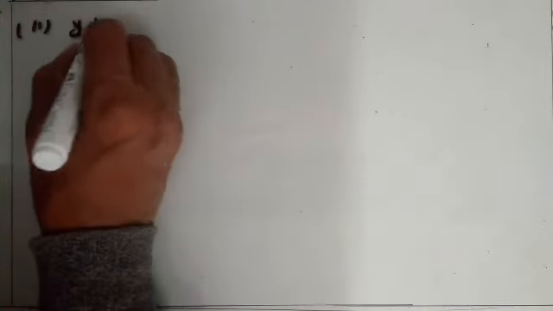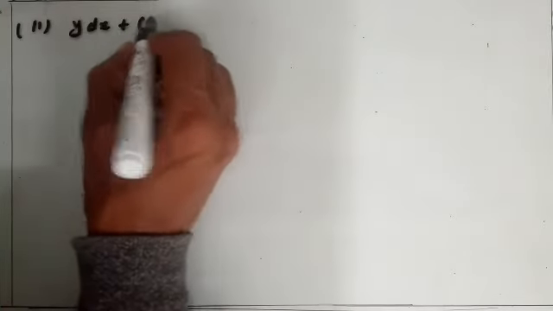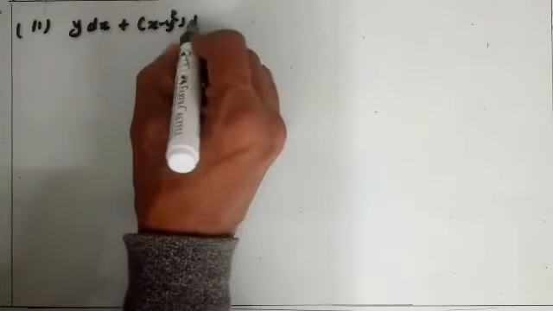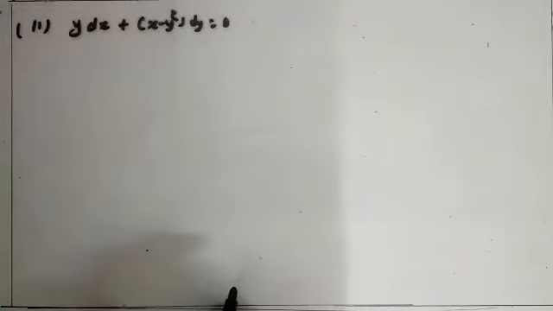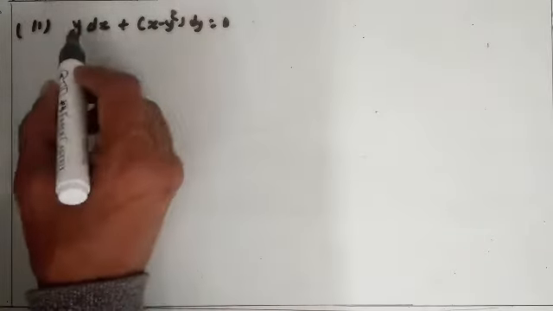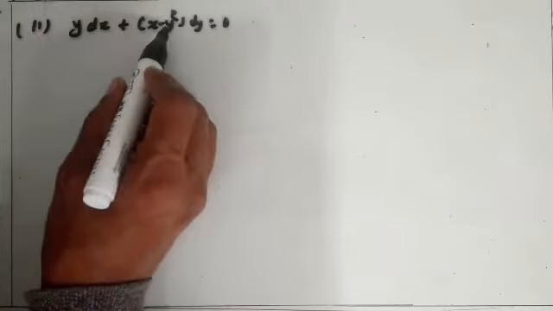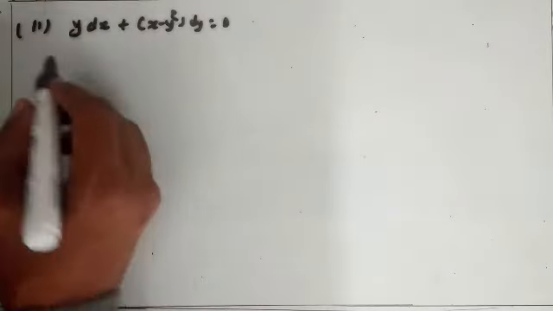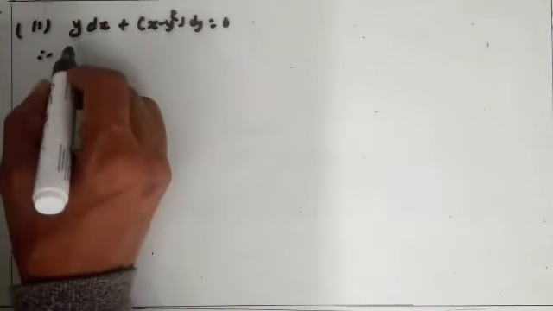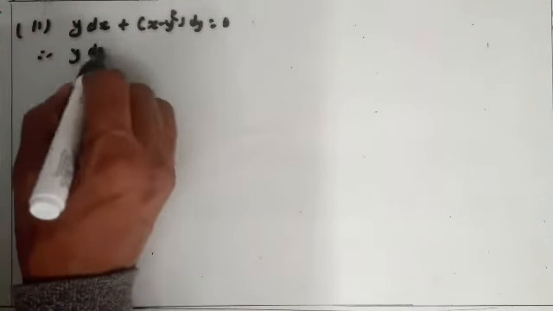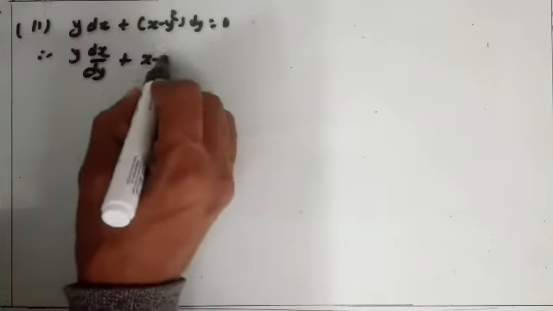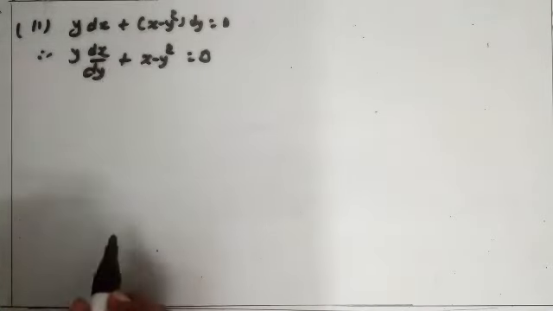y dx plus (x minus y square) dy is equal to 0. Here y dx plus (x minus y square) dy equal to 0 is given. So dividing by dy, we get y dx/dy plus x minus y square is equal to 0.